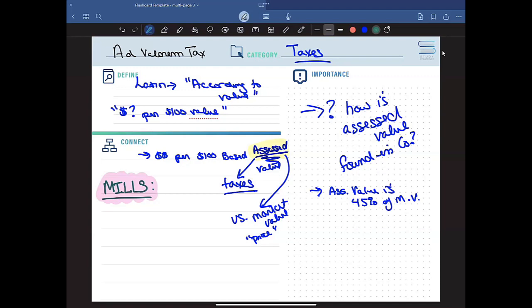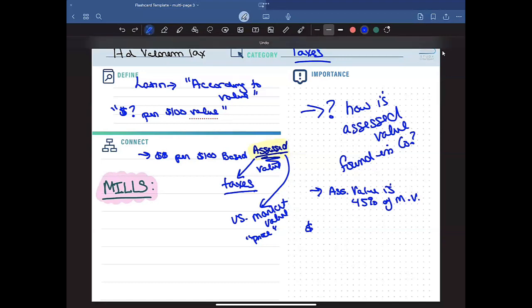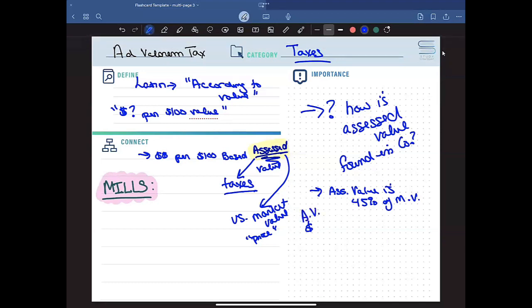In your state, if you had an assessed value of $200,000 and the tax rate was $2 per $100, you need to, number one, know how many 100s are in $200,000.